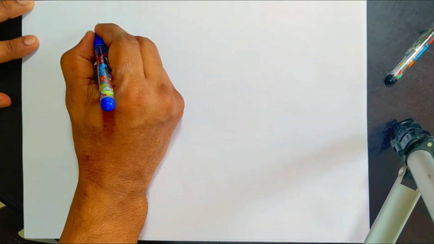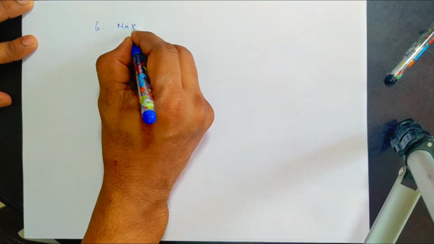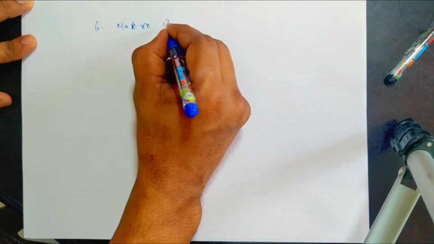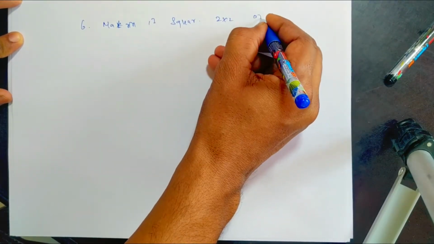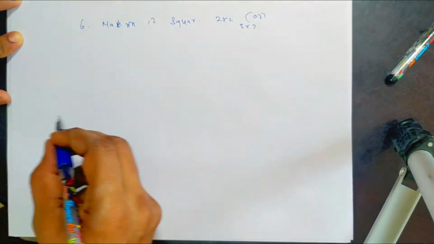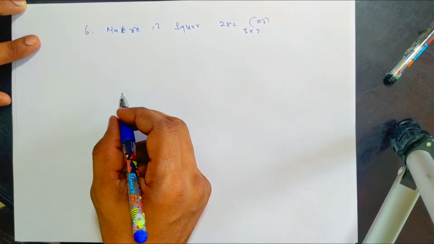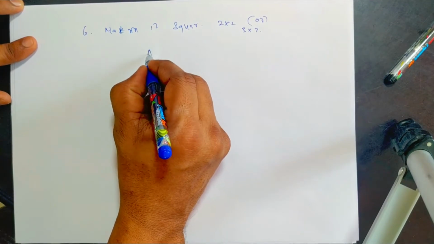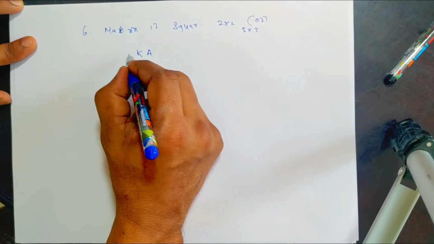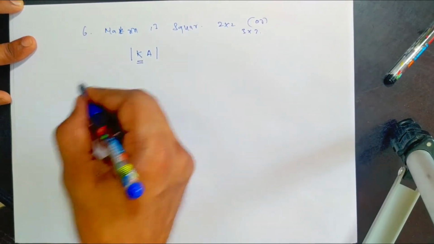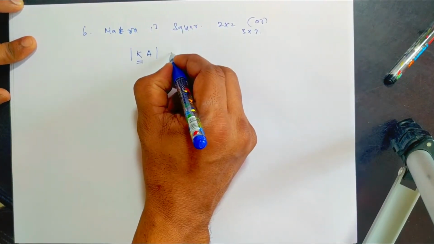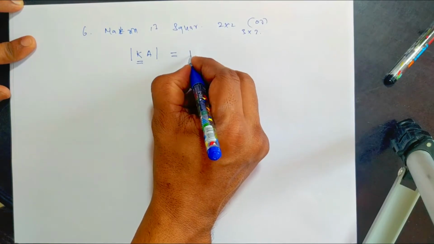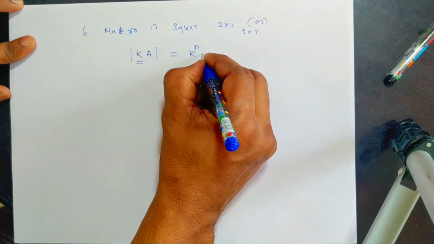And another important property, if the matrix is square, which means 2 cross 2 or 3 cross 3, equal number of rows and equal number of columns, and that matrix is multiplied with some scalar number, then the determinant value will be multiplied by k to the power n.